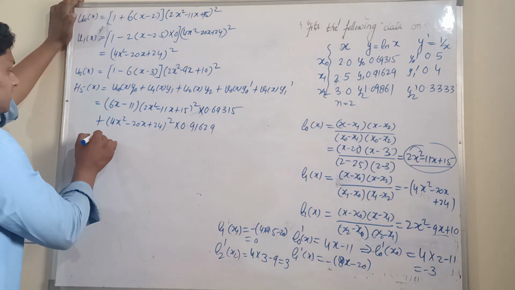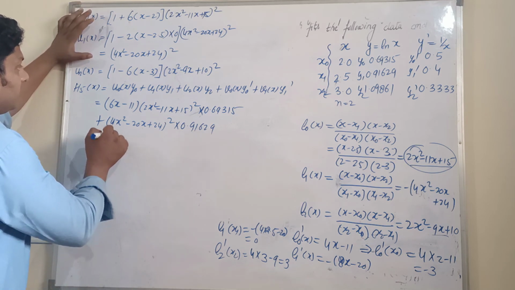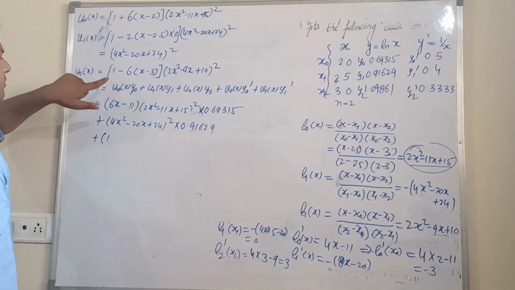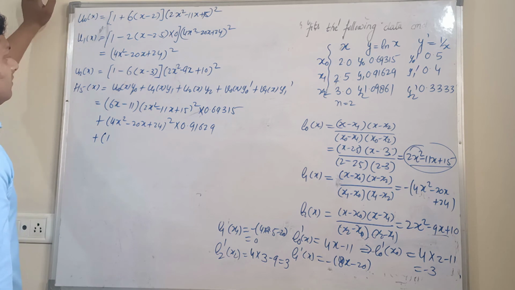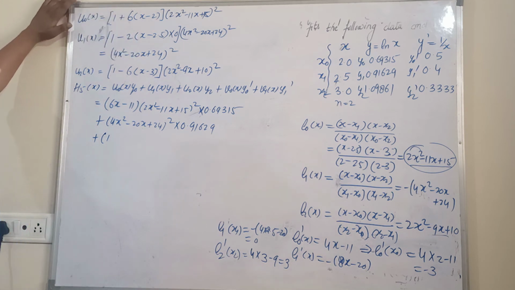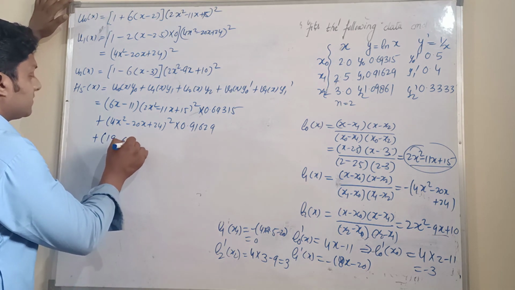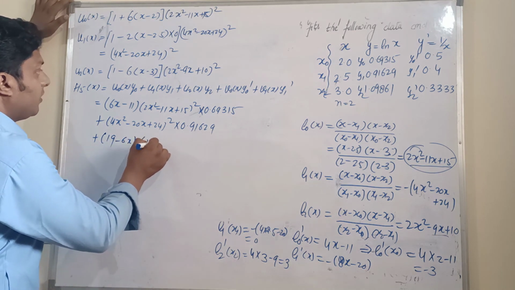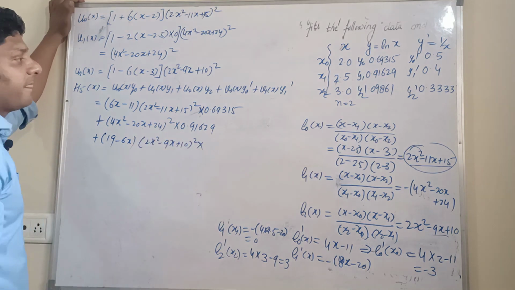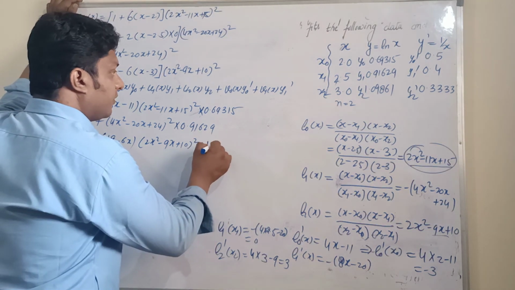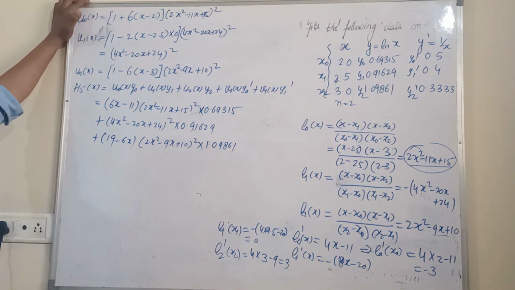Next u2(x) will be, if we calculate it, (19 − 6x)(2x² − 9x + 10) squared, multiplied by y2, that is 1.09861.